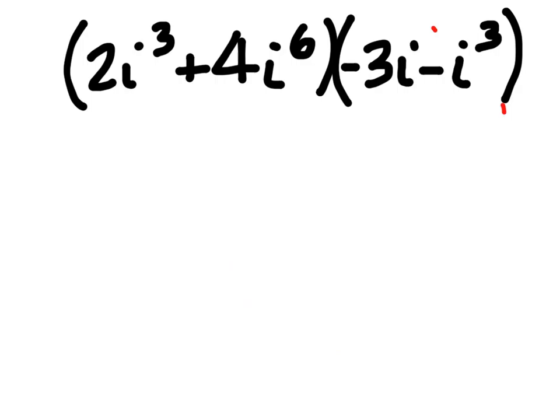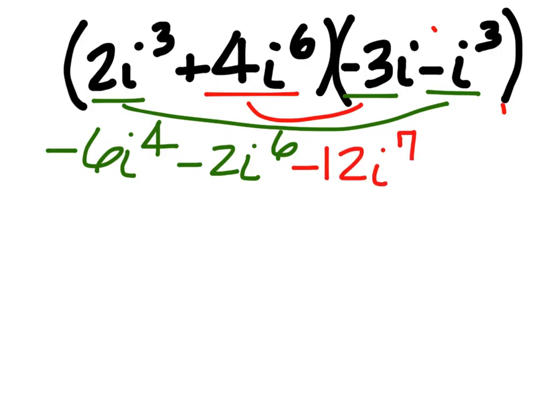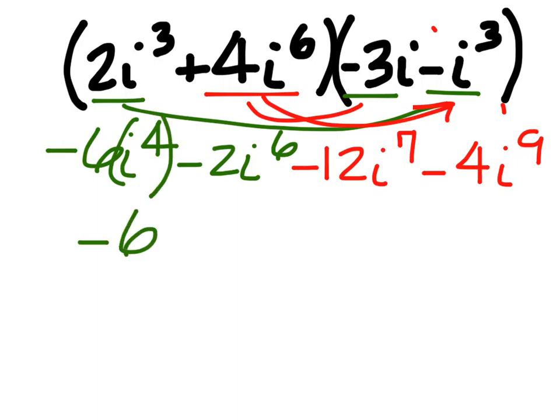For this one, multiply here and here to get a negative 6i to the fourth. And then here to here, we're going to have a negative 2i to the sixth. Now here to here is minus 12i to the seventh. And from here to there is minus 4i to the ninth. Alright, this is a 1, so we're left with negative 6.